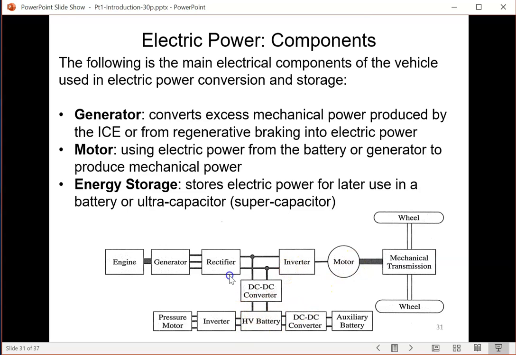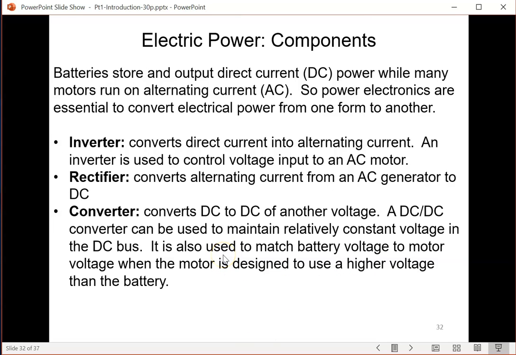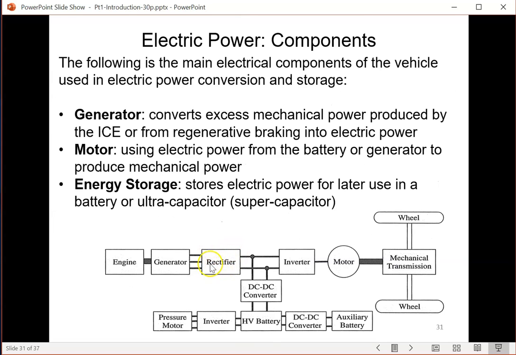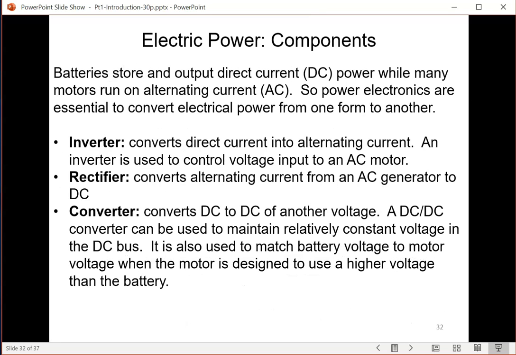And then all the other blocks, this rectifier, this inverter, this DC to DC converter, these are all power electronics. Each of these blocks serves a particular function, but broadly speaking, you have these types.